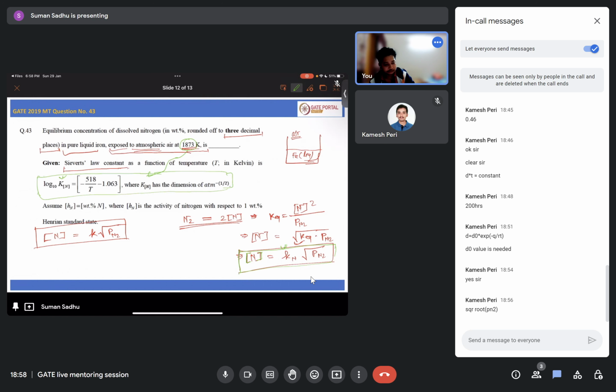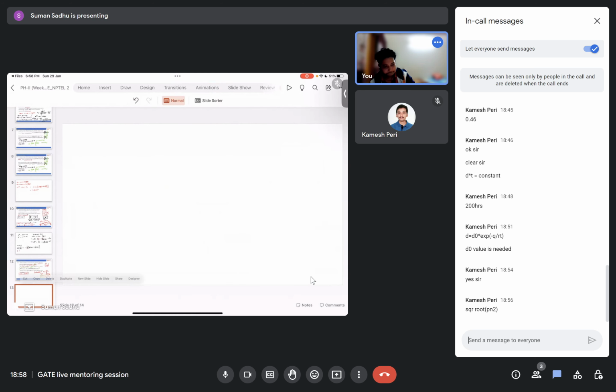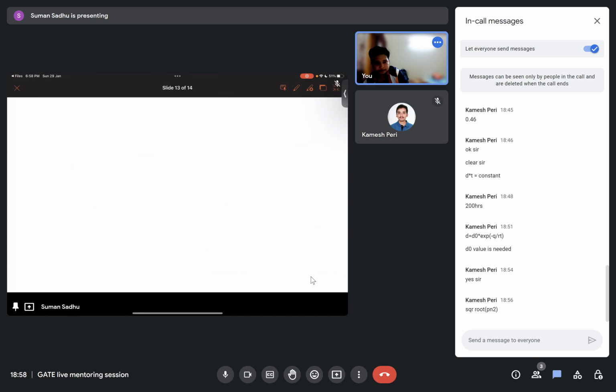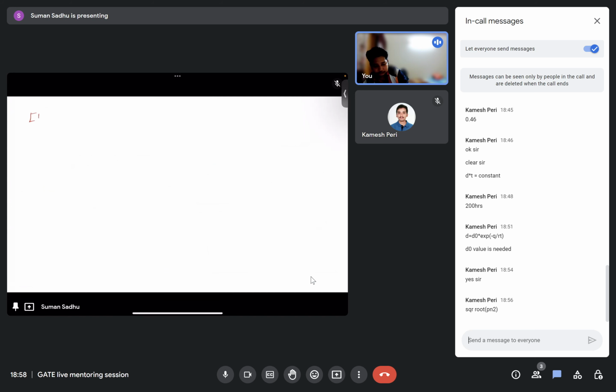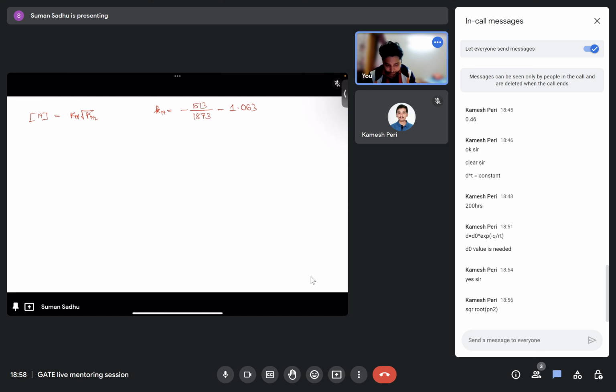How can we calculate it? The dissolved concentration of N is equal to Kn into the square root of the partial pressure of N2. For this we need to know two things. One is log Kn, that is already given: minus 518 by T, with T 1873, minus 1.063. Sorry, it is 518.